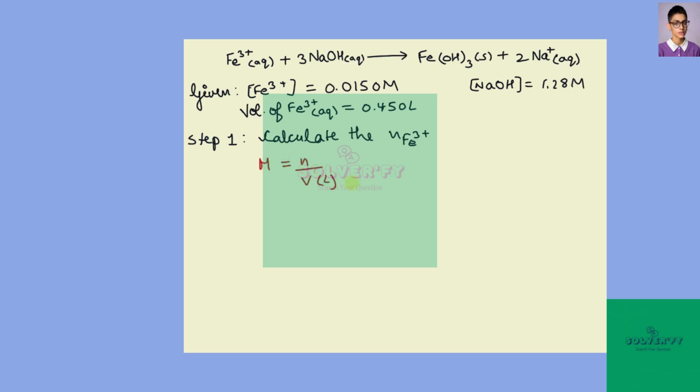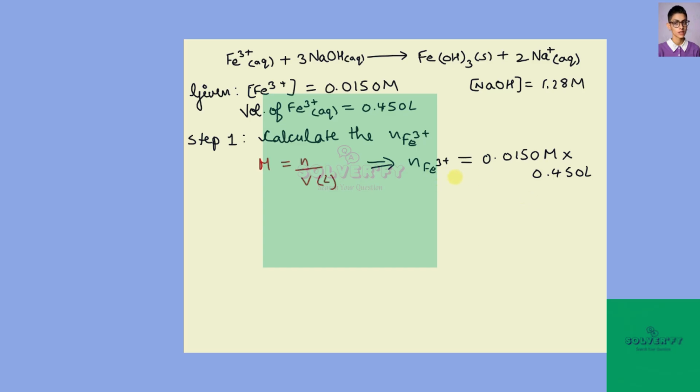So let's put the values over here to calculate the number of moles of iron 3+. So the number of moles of iron 3+ is equal to the molarity multiplied by the volume. So the molarity is 0.0150 molar multiplied by the volume, which is 0.450 liters.